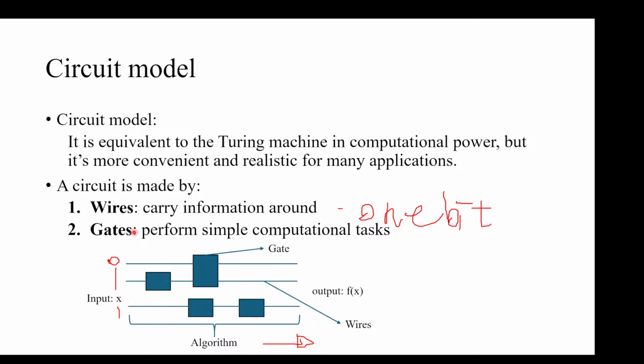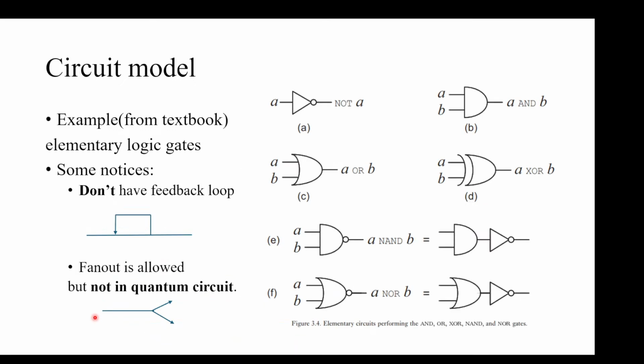Okay, and when the wire hits the gate, it will change the information on the wire, and it will do some computational task. Those are some basic gates you can put in your circuit. So maybe a NOT gate, which flips 0 to 1 and 1 to 0, and an AND gate, which actually has 2 inputs and 1 output. So maybe you have A, B going in, and you have A AND B as output.